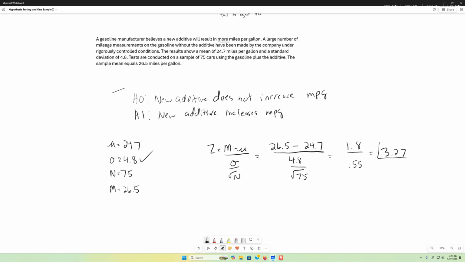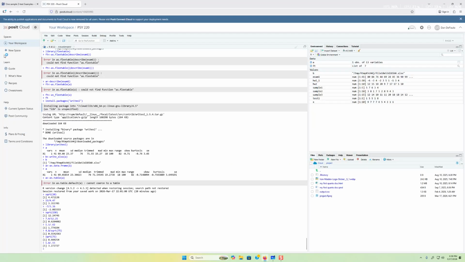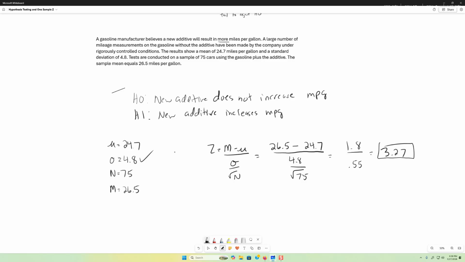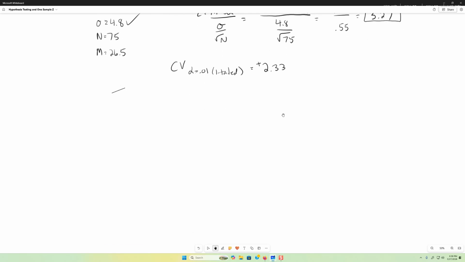There's our Z value. Now, what alpha are we using? We are using 0.01 again, directional. So I know that the critical value for alpha 0.01 one-tailed is 2.33, or negative, but since we're hypothesizing an increase, it's going to be positive. We're looking in the positive tail because we're looking for an increase.